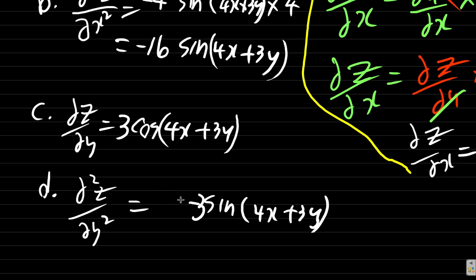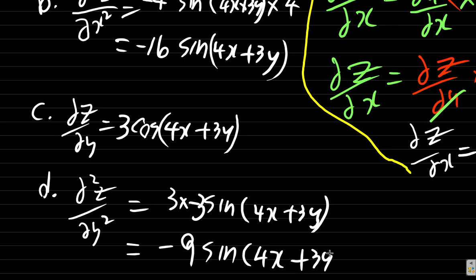And you multiply that by, when you differentiate the inside function with respect to y, you get 3. So what you get is negative, well, 3 times 3 is 9, negative 9 sine 4x plus 3y. Alright? Was that what you got?